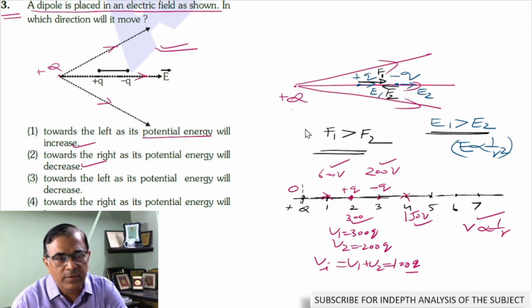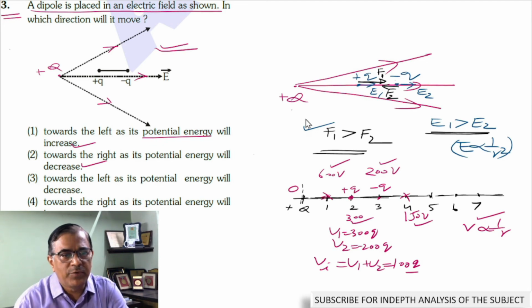We already know that the dipole is moving towards the right side. The newly acquired position of the dipole is such that plus Q charge is at 3 unit location and minus Q charge at 4 unit location.